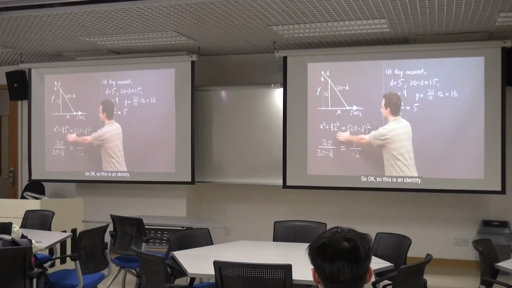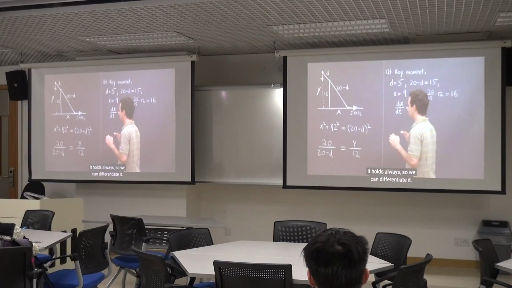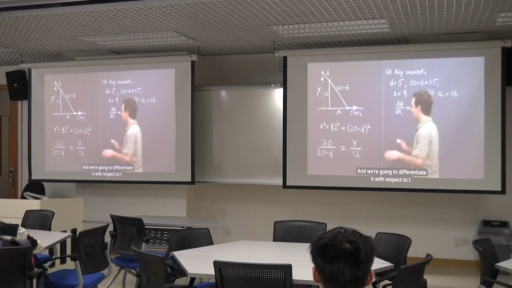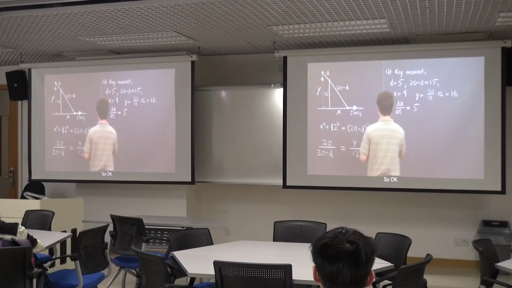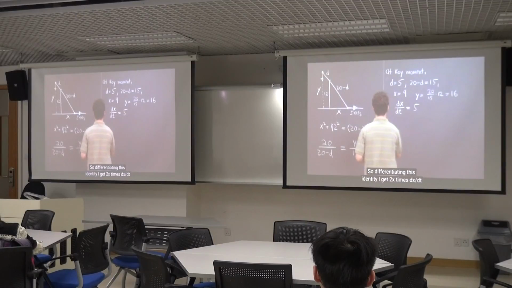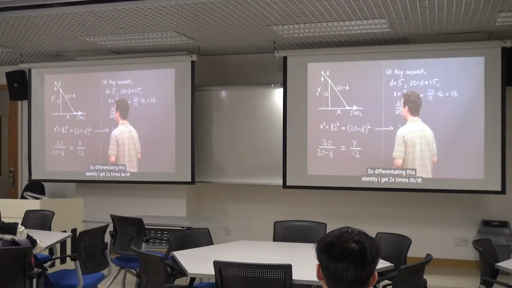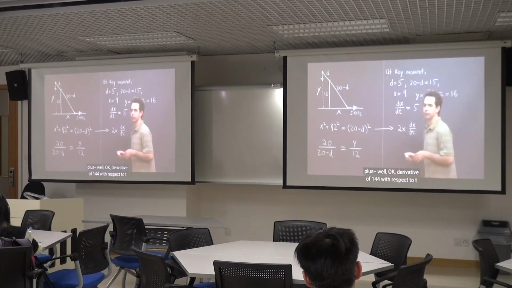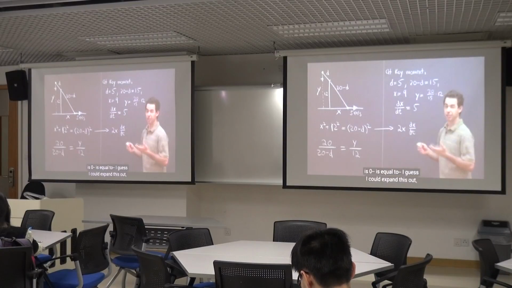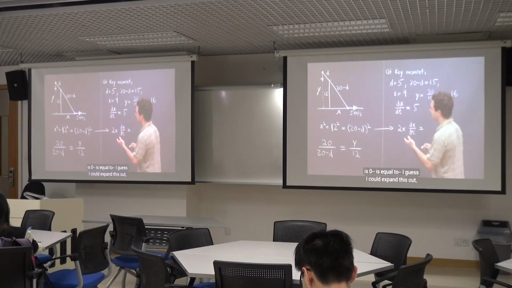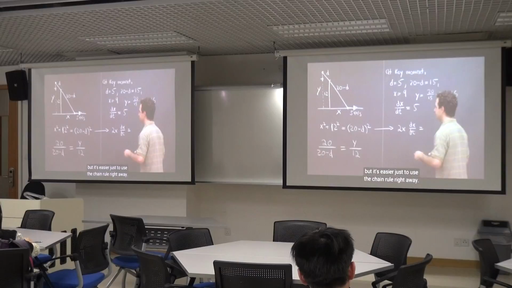So this is an identity. It holds always, so we can differentiate it with respect to t. x and d are functions of t. So differentiating this identity, I get 2x times dx/dt plus, well, the derivative of 144 with respect to t is 0, is equal to, I could expand this out, but it's easier just to use the chain rule right away.